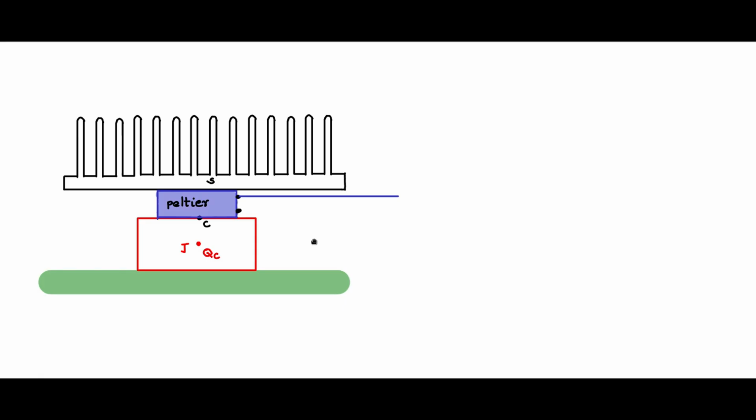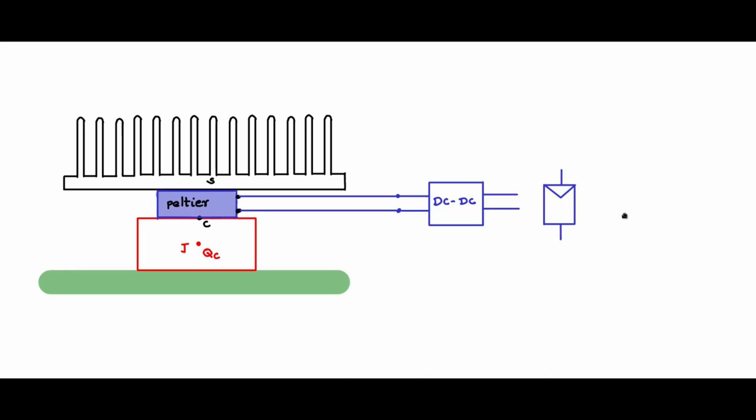This Peltier element will have two terminals brought out like this, and to the two terminals you connect a DC-DC converter, and the DC-DC converter is getting power from a PV panel like this, connected in this fashion.